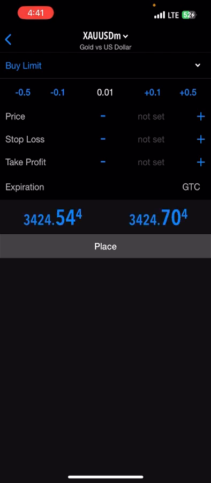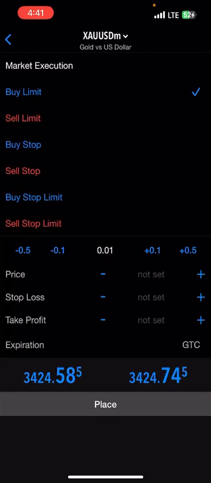Okay, now let me explain these different pending orders. Now buy limits and sell limits are used when they believe that the market is going to reverse, literally, all right, when the market is going to go the opposite direction.